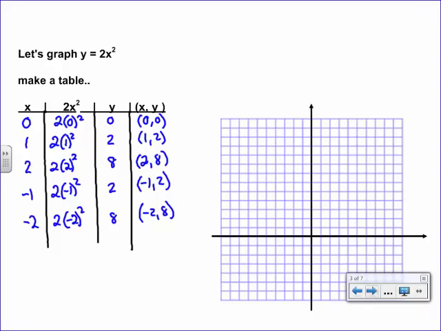Okay, let's go ahead and plot these points now. 0, 0, 1, 2, 2, 8, negative 1, 2, and negative 2, 8. Now, if we did fractions, you would see that, again, we get a curve at the bottom.